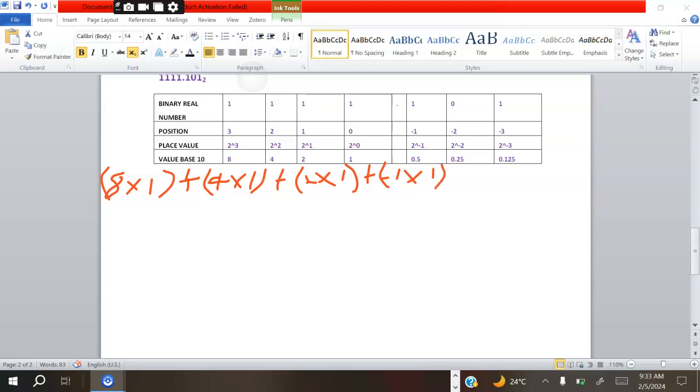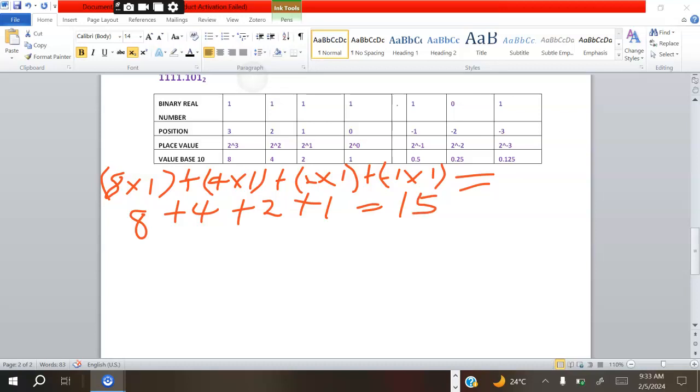This is the integral part: 8 plus 4 plus 2 plus 1, which is giving us 15.